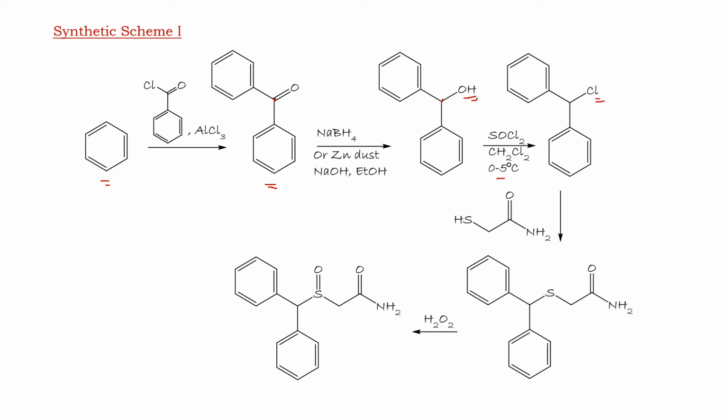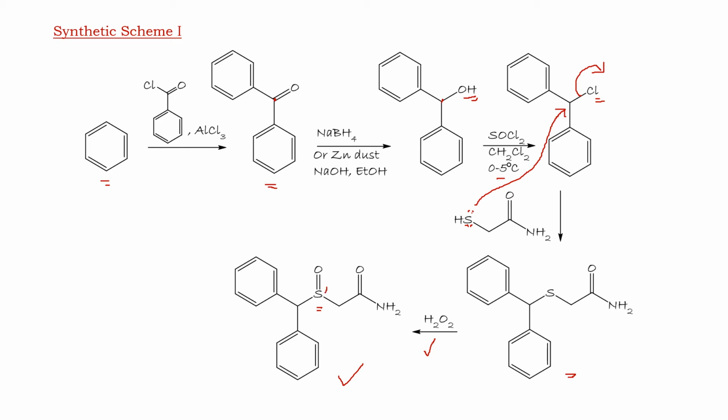Reacting the chloride with 2-mercaptoacetamide, the lone pair here, the nucleophile, will attack on this carbon and get this out to form this thioether, which upon oxidation using hydrogen peroxide or periodate gives the sulfoxide. This is our target molecule.